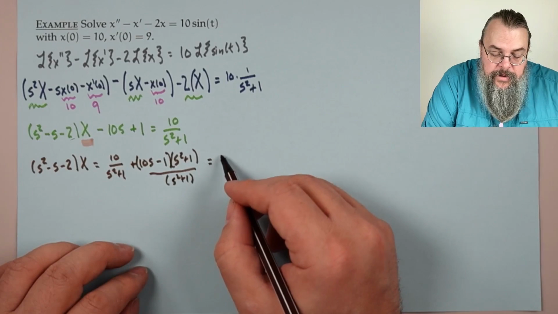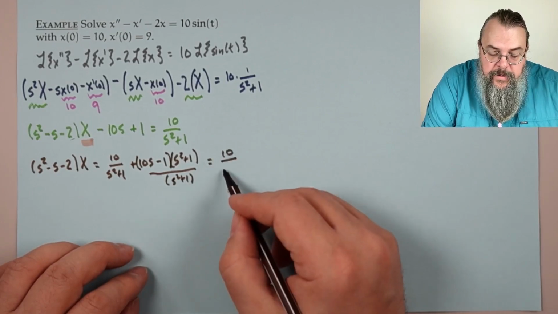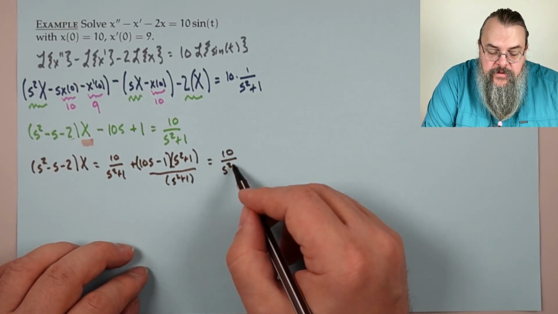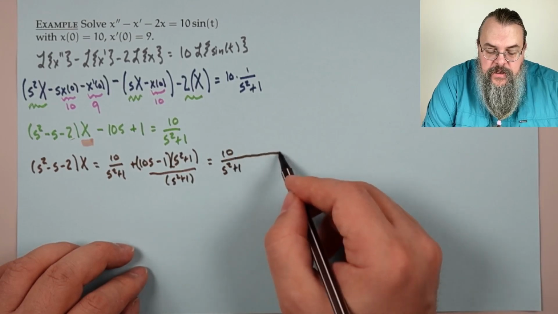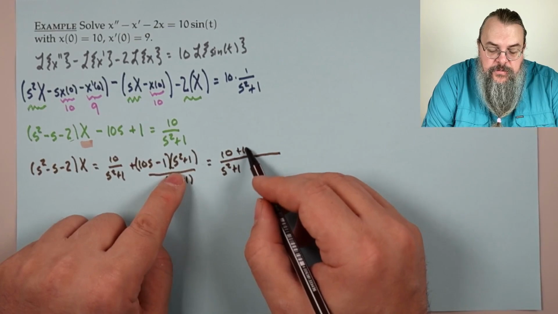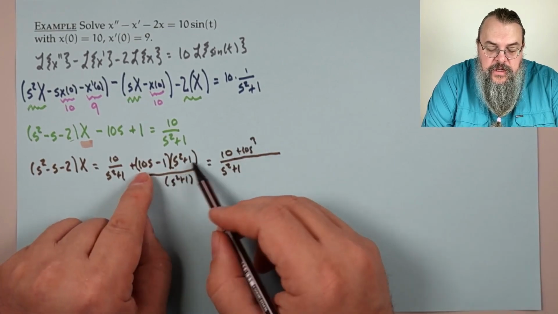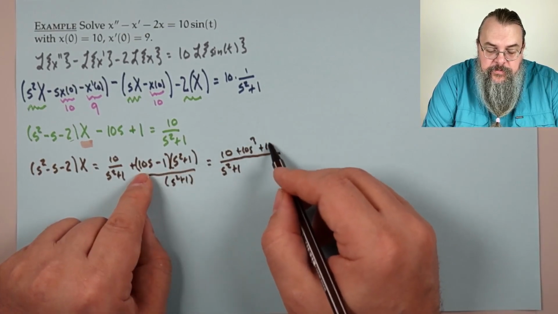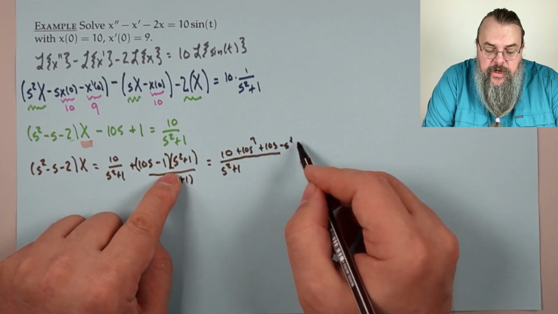Why are we doing that? Well, to prepare. So we have 10 over s squared plus 1. And then this will also be over s squared plus 1. We have 10s cubed, then plus 10s, minus s squared, minus 1.